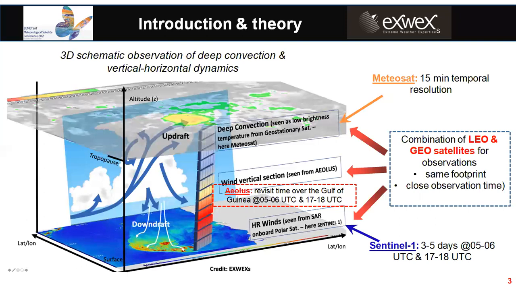Now, this slide presents the 3-day semantic observation of convection and vertical and horizontal dynamics. As you can see, the hot air, represented by the intense updraft, contributes to the formation and development of the deep convective cloud. The hot air is then cooled and becomes heavier and finally moves toward the surface.